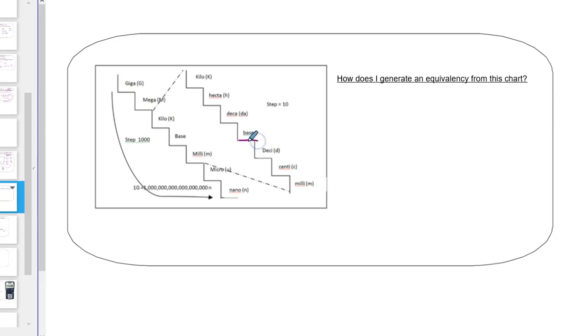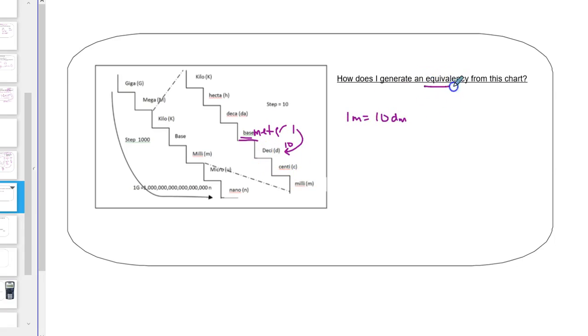Let's say my base unit is a meter. So 1 meter equals 10 decimeters.